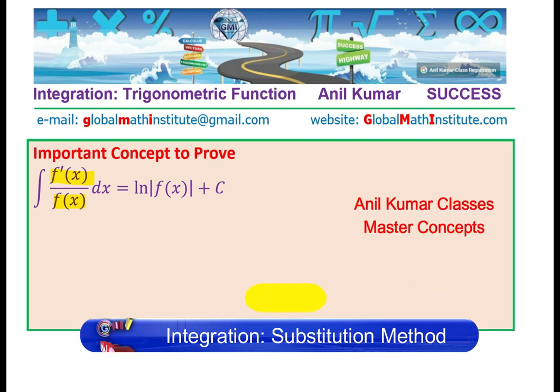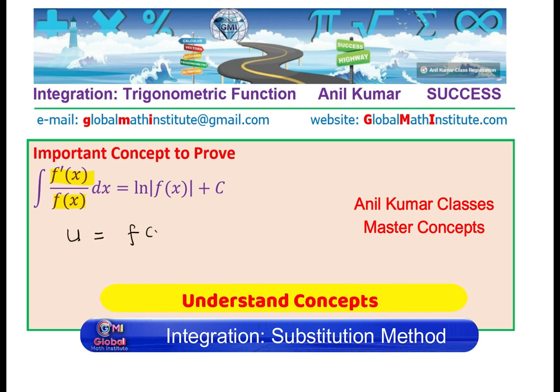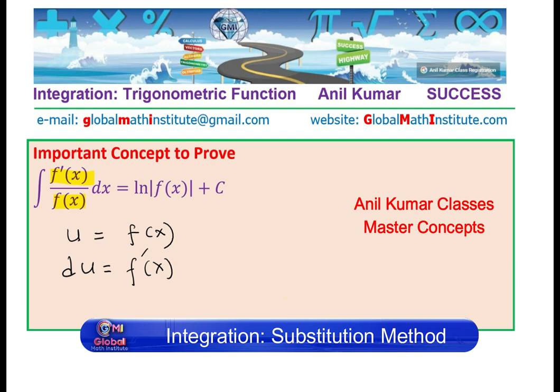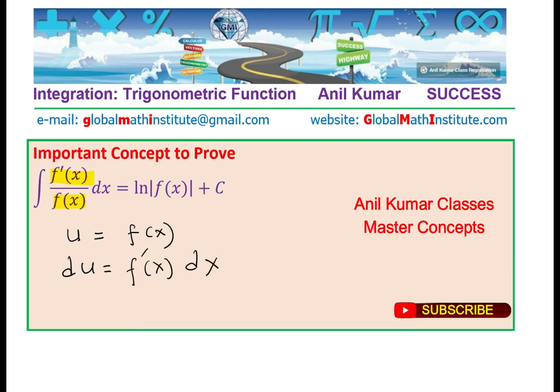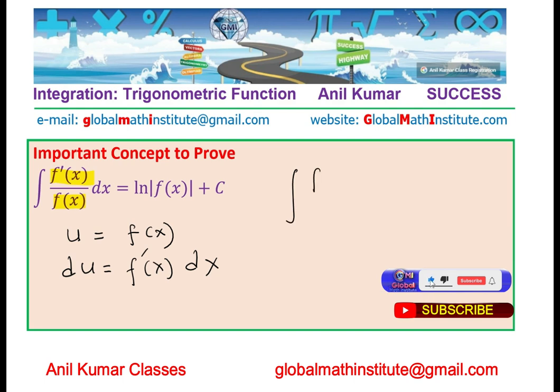Let's say we do the u substitution, u equals f of x. In that case, what is du? Well, du is f derivative of x dx, right? So you can make this substitution and write integral of f'(x) over f(x) dx as equal to what?